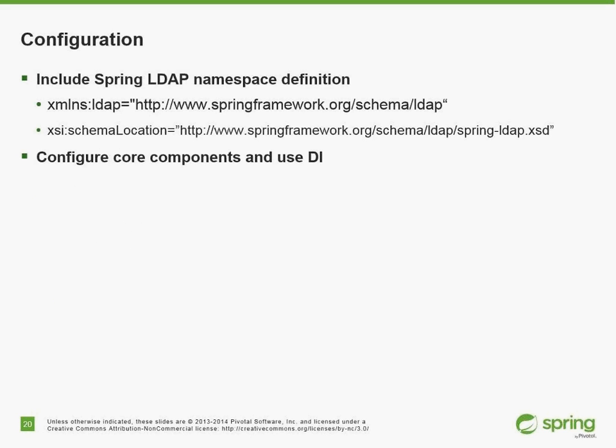Right, so configuration. What you do basically is include the new LDAP namespace definition, the same way you would include another namespace definition. You configure the core components, and then you just use dependency injection, just as usual, injecting the LDAP template into your repository.